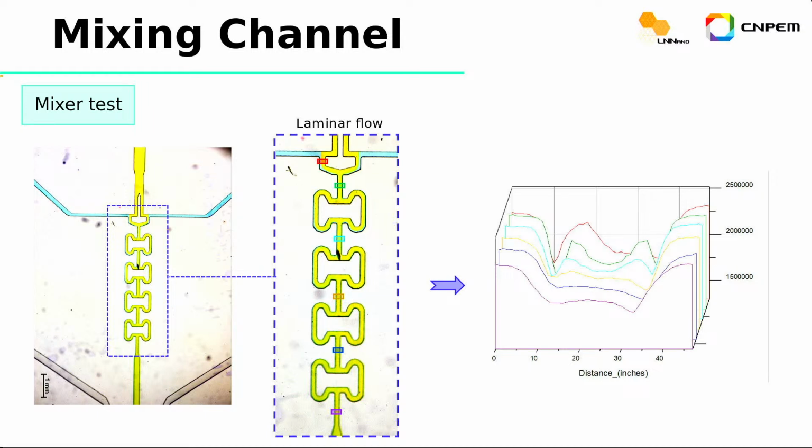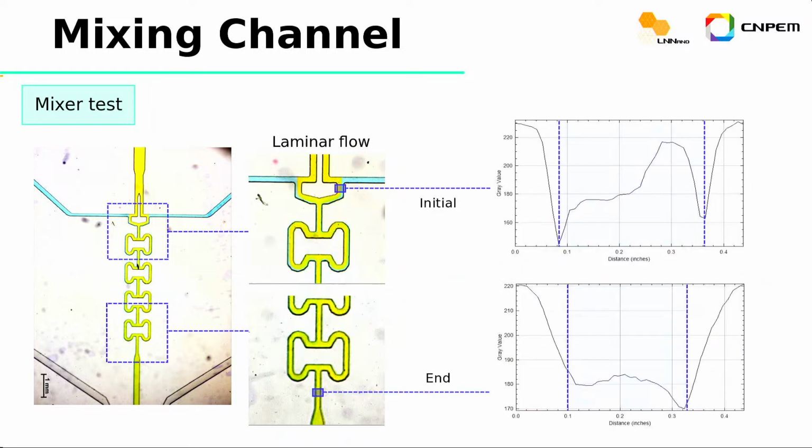If you check the intensities of yellow and blue over this line, in the beginning we see strong peaks, so it's not mixed, and then it goes to something that is mixed over the channel. We did that for different geometries. This strong peak here is just the edge. So that's what we see in the beginning, and what we see after a while.